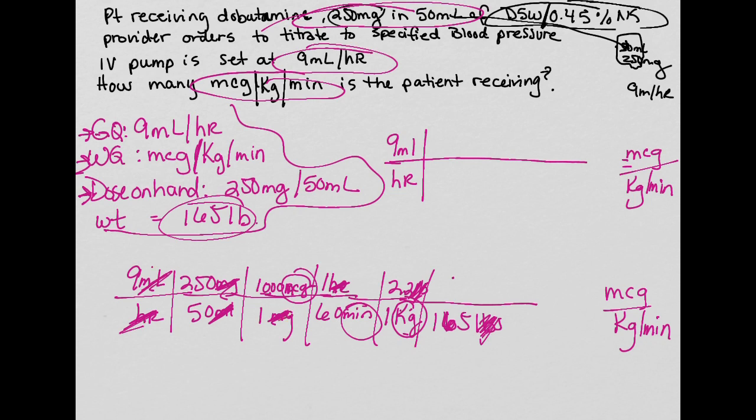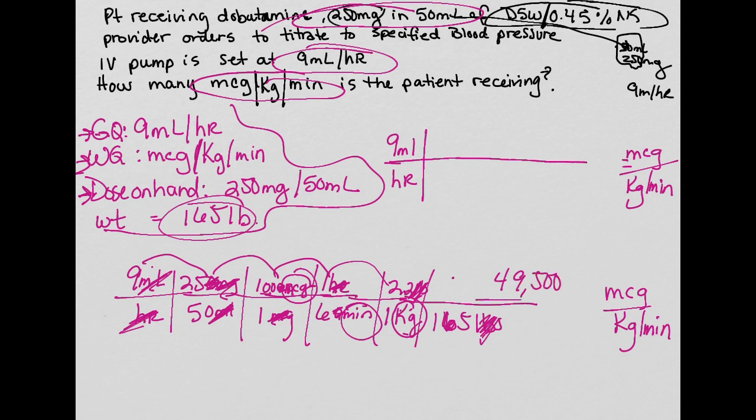So you're going to multiply 9, and actually you can take out the zeros here, times 25, times, you can actually cross out the 0 here. And you're going to get this answer, which is going to turn out to 49,500.